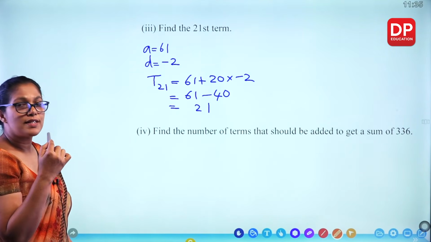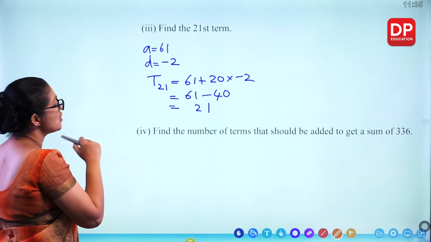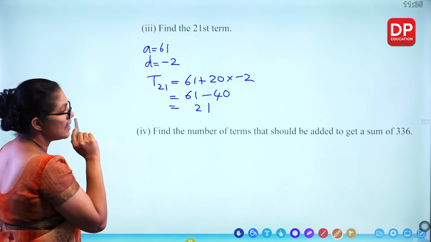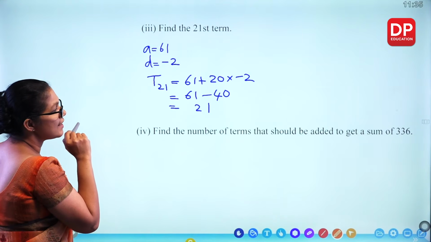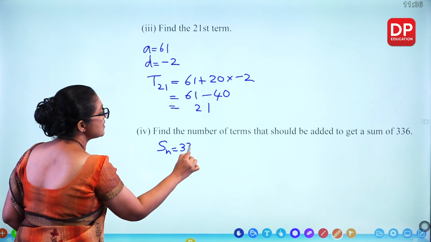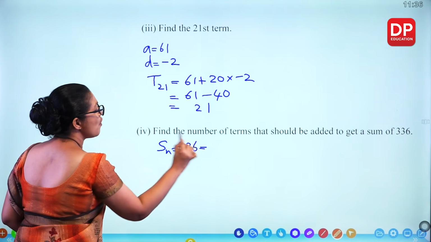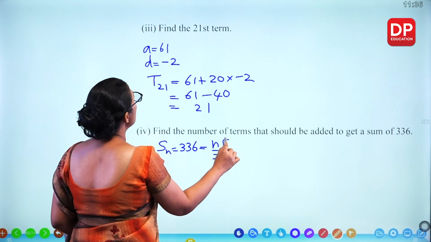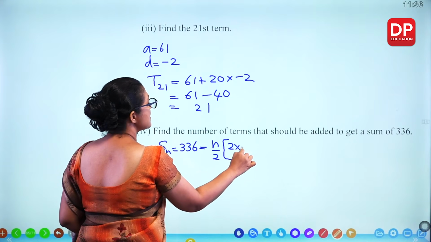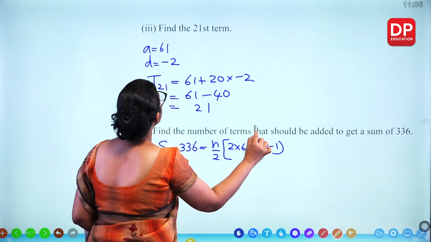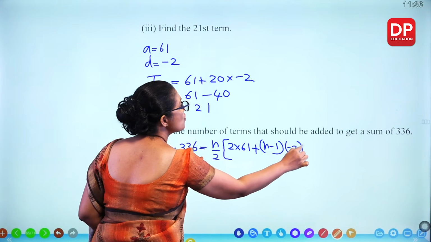Fourth one, find the number of terms that should be added to get a sum of 336. So this is the same question. So you can get A and D, same values, and the sum is 336 given. So use the formula n over 2, 2 times 61 plus n minus 1 d, d is minus 2.